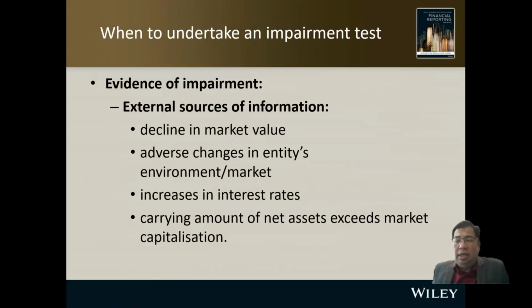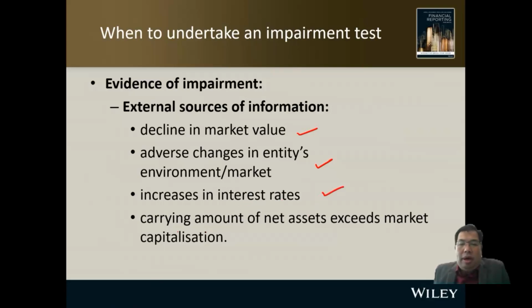So what are the external sources? Maybe a decline in market value, where the property value drops significantly. Adverse change in the entity or market environment, such as a bad economy, so it affects the market. Increase in interest rate or borrowing rate.